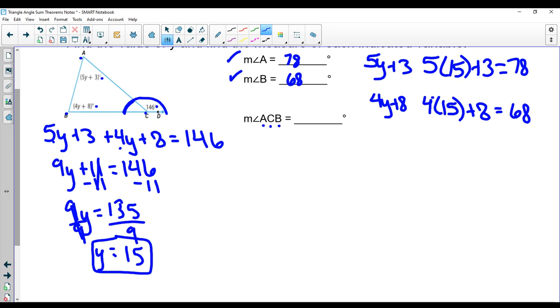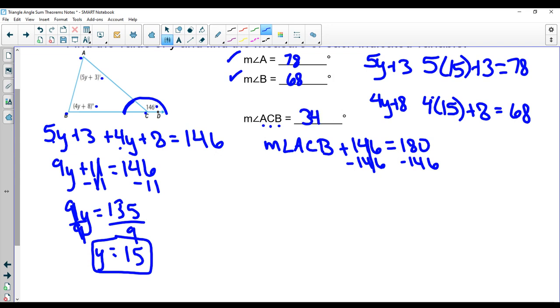They're going to be 180 degrees together. So I can say that the measure of angle ACB plus 146 equals 180. Now we subtract the 146. And so the measure of angle ACB is going to be 34 degrees.